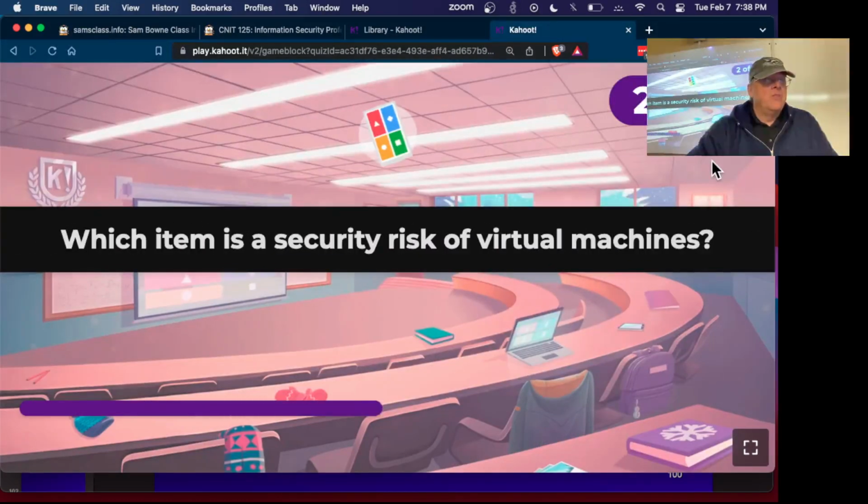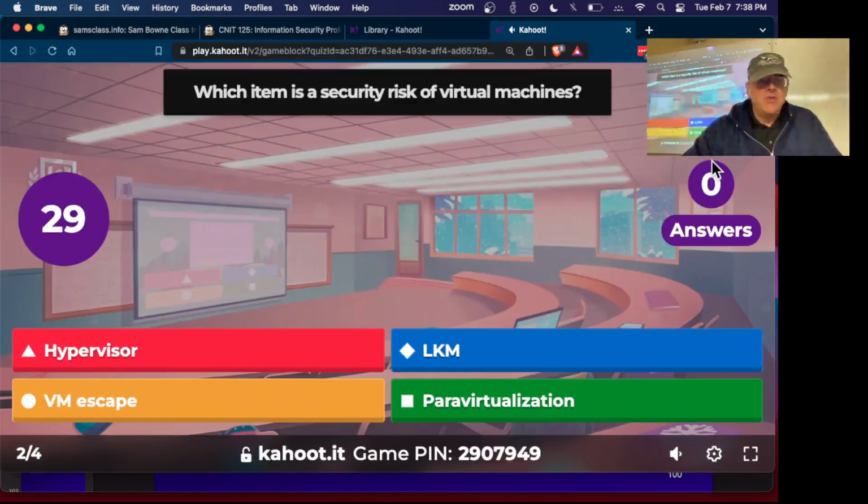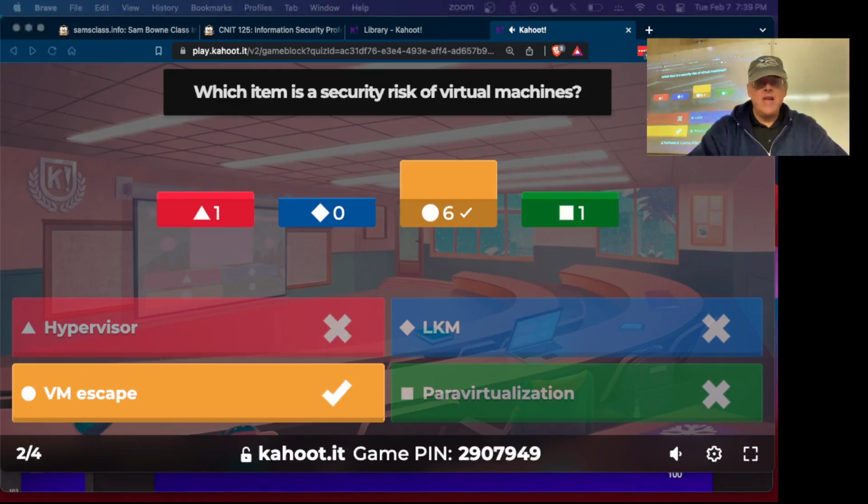All right, so which one is a security problem with virtual machines? That's VM escape, when malware on the virtual machine escapes and infects the host.